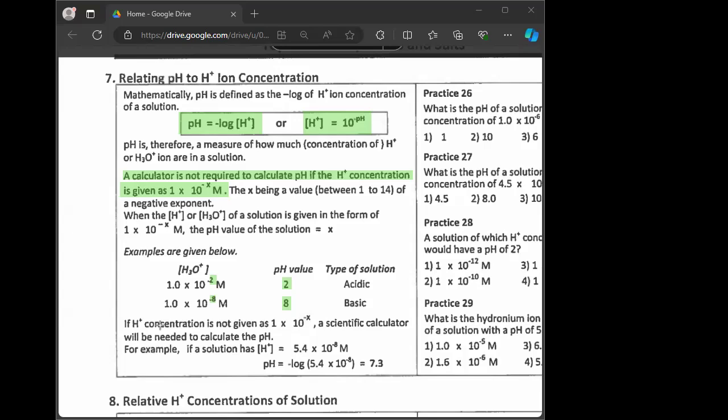So for example, here we have 5.4 times 10 to the negative 8. The pH we can estimate is about 8. It's probably not going to be exactly 8, but it will be close to 8.